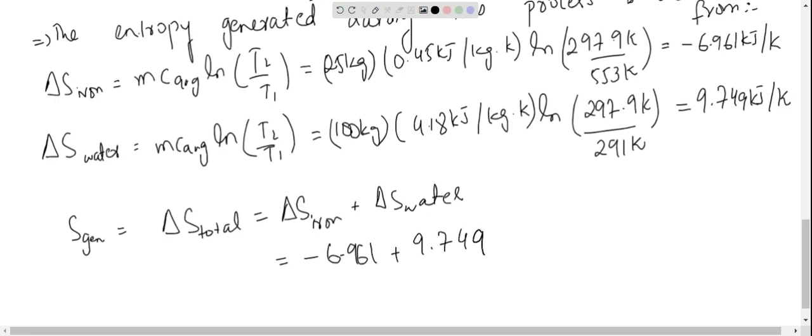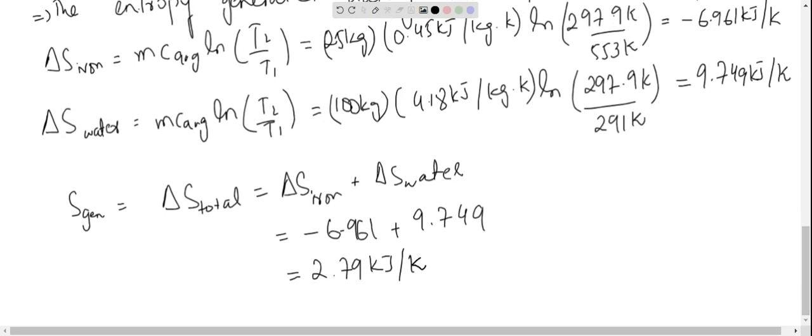This equals 2.79 kilojoule per Kelvin. So this is the required answer that we had to find, and this result can be improved somewhat by using specific heat at average temperature.